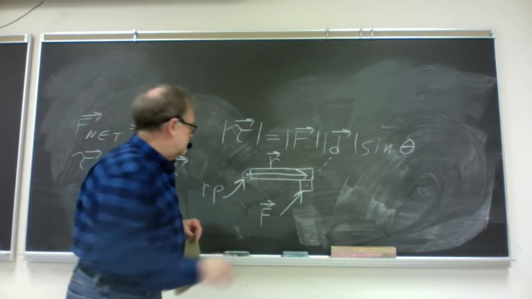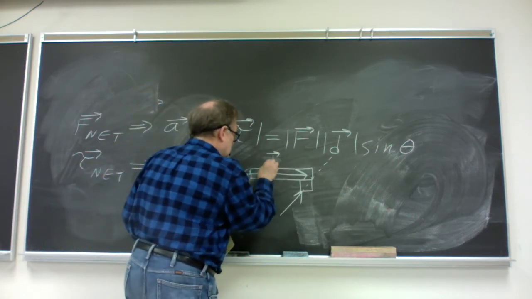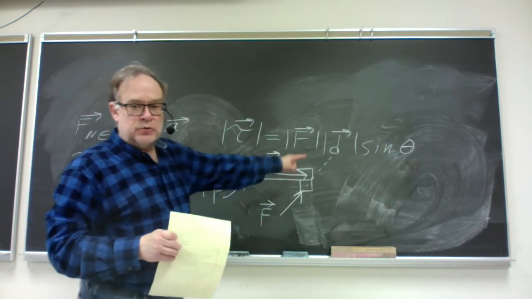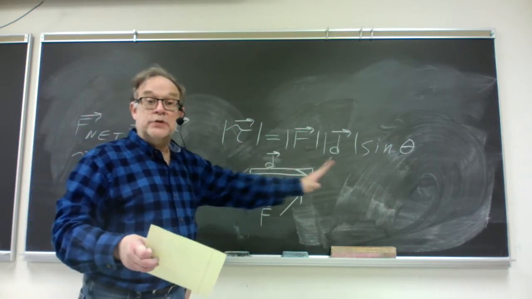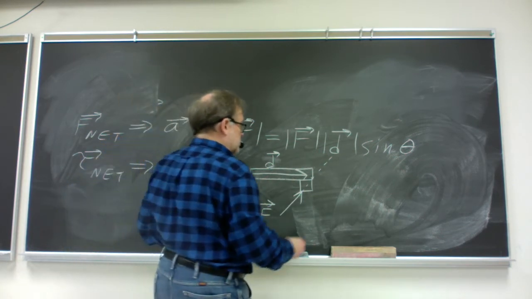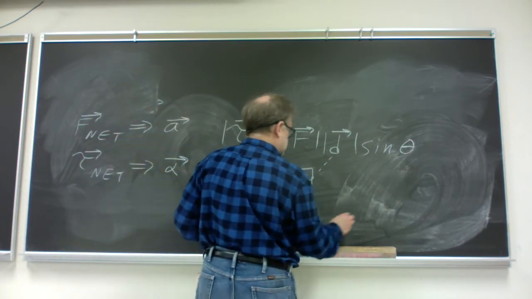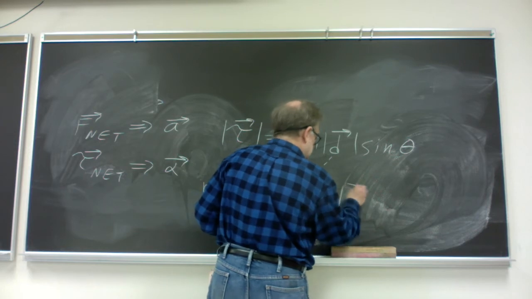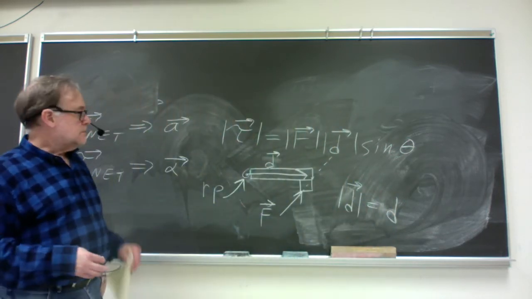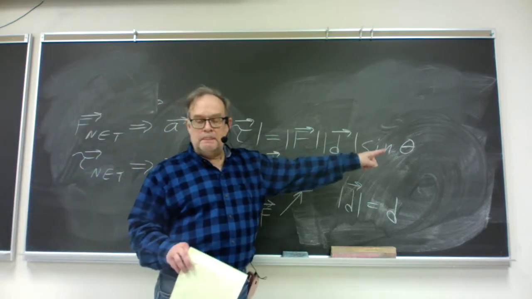So that's the displacement vector. And then the magnitude of that displacement vector is just the width of the door, which I'll call just plain D.